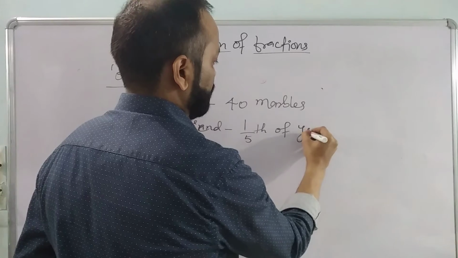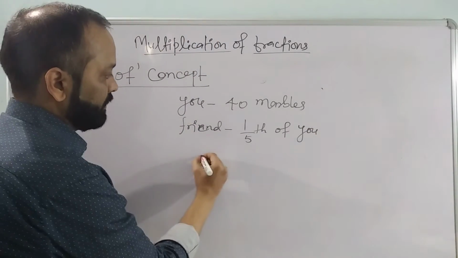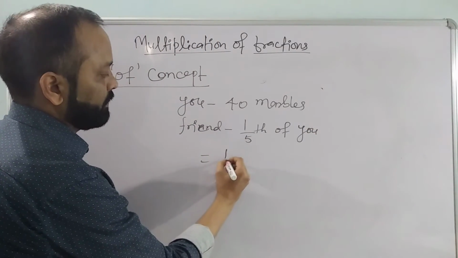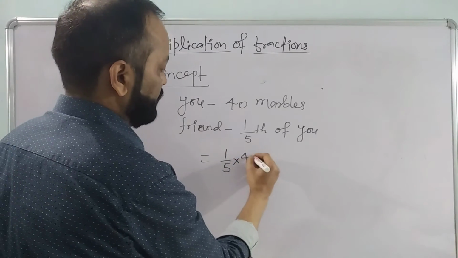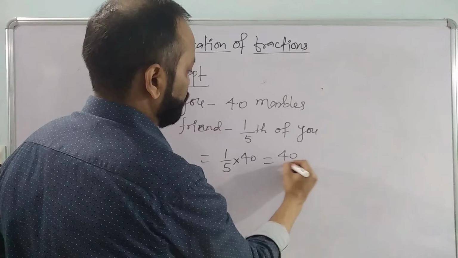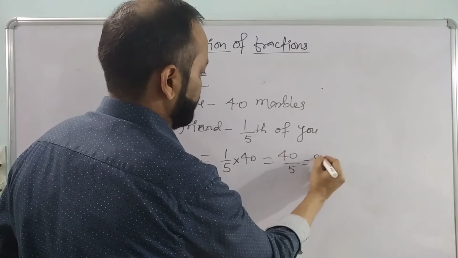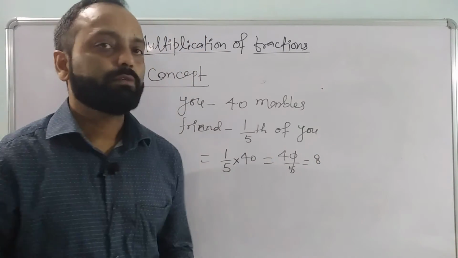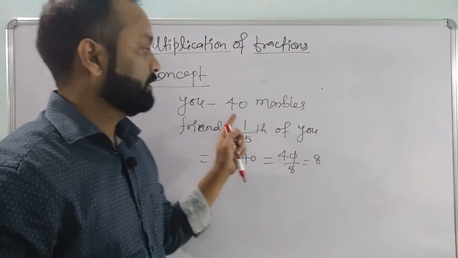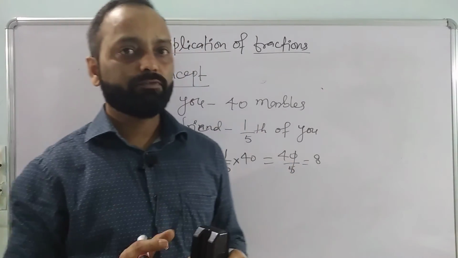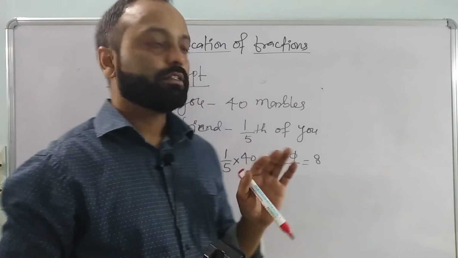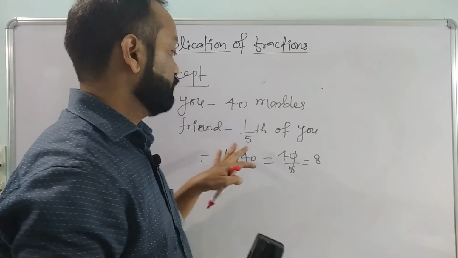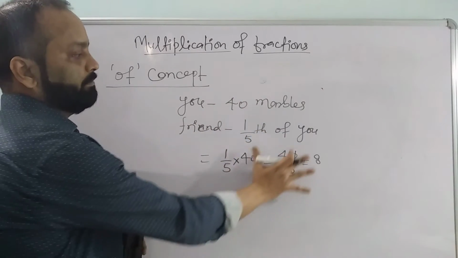So this will be 1/5 into 40. So this will be 40/5, so 8. So the question will be, if you are having 40 marbles and your friend is having 1/5 of the number of marbles which you are having, calculate the number of marbles which your friend is having. So we can calculate the same in this way.